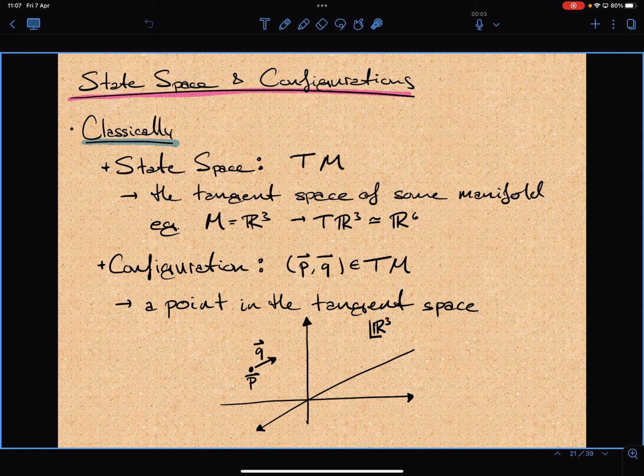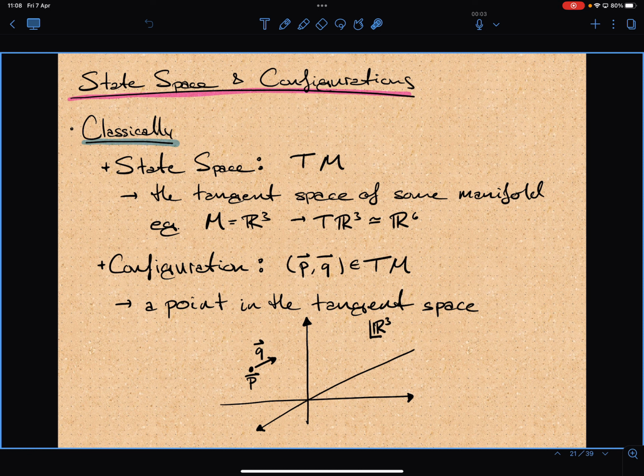And then with F = m d²x/dt² = ma, given this information, you can track the evolution of your particle.